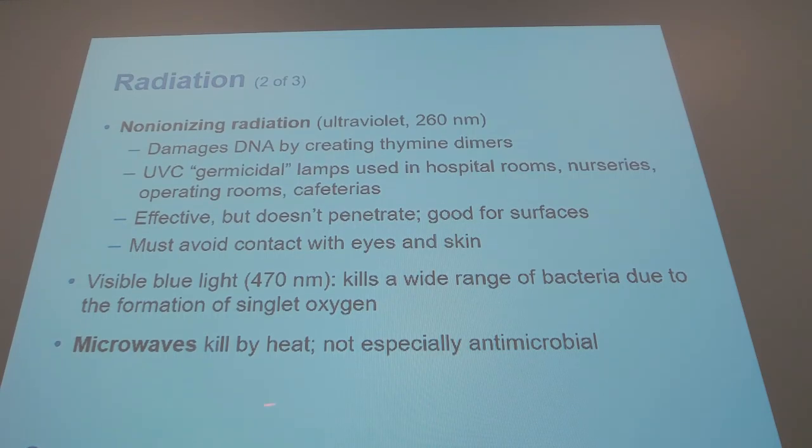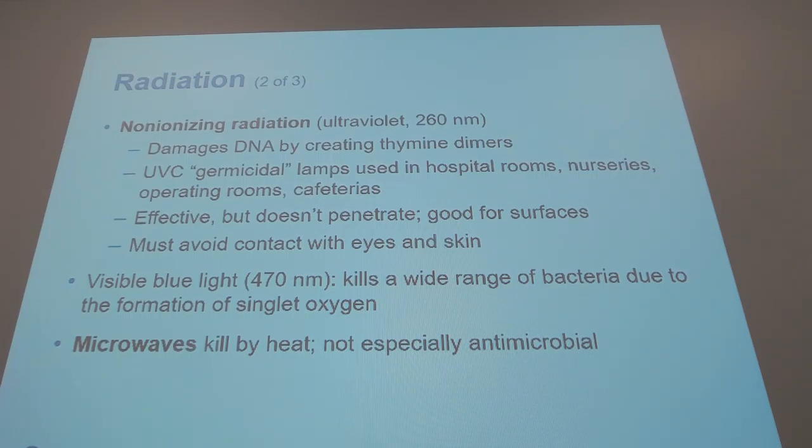And then microwaves, they are not bactericidal in themselves, because the wavelength is very long. However, of course, if you heat food or water there, the water will boil, and that will be germicidal indirectly. But it is not, of course, the preferred method to kill microbes or to control the growth of microbes.